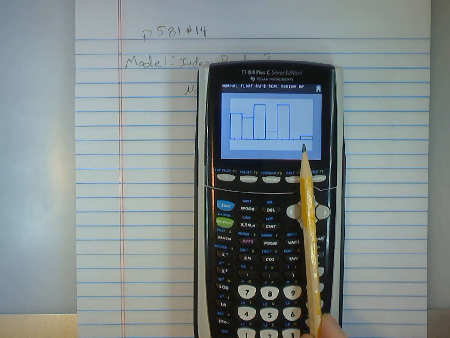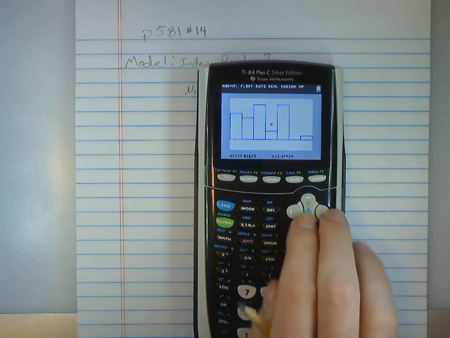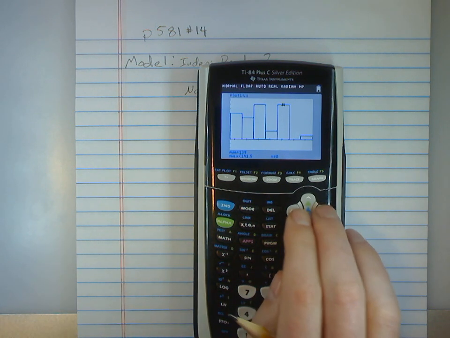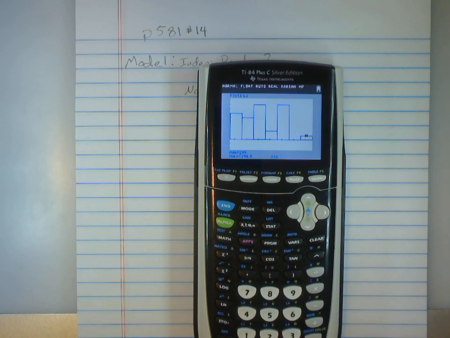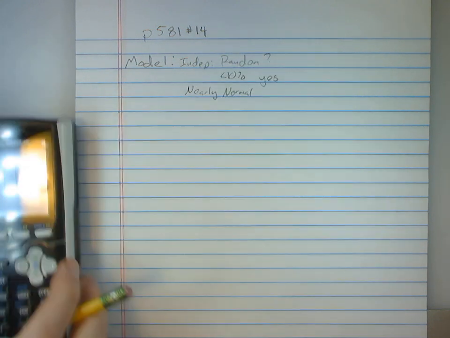Maybe that one up there, but even that, probably not all that much. 144, yeah, okay. That's correct. That's supposed to be 144. Yeah. All right. So that's nearly normal.